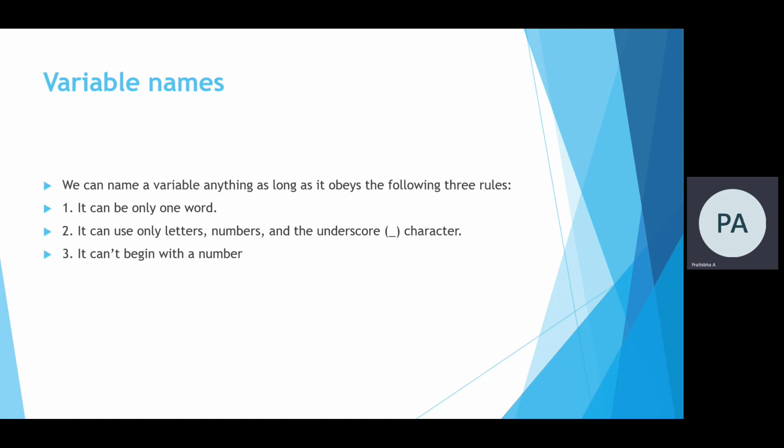So these three conditions we should take into account whenever we are declaring a variable, and there should not be any spaces between. Like if I say hello world and I want to make it a variable, I can use an underscore and write hello_world, but I cannot give a space, hello space world. I should not write that. It should be one single word.